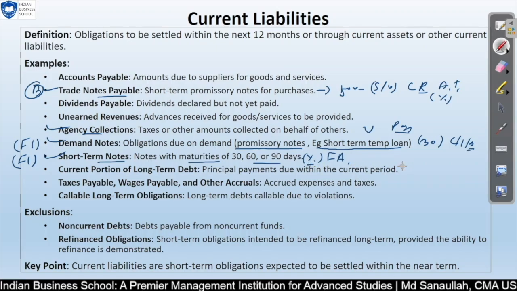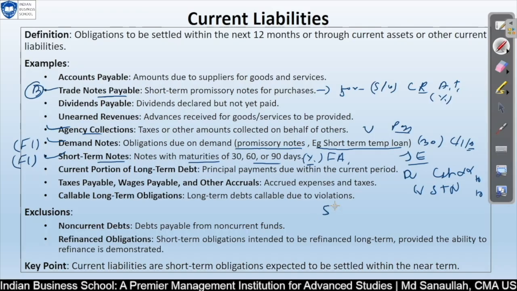For example, when you issue a short-term note, what kind of entry or general voucher entry will you pass? You will simply debit your cash, which you receive, and then you will book your liability, credit your short-term notes, for maybe 10,000. And then when you are going to pay, what will you do?